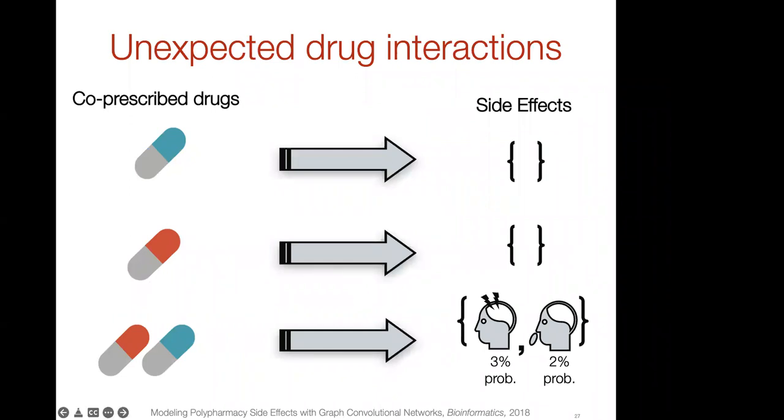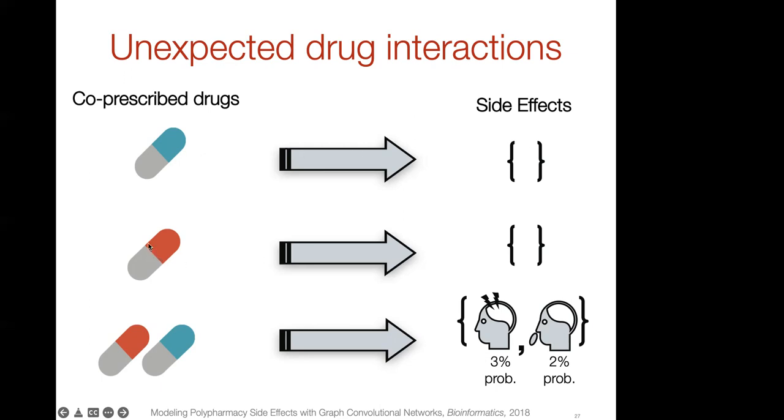What does that mean? Let's look at a hypothetical example. Imagine we have just 2 drugs, a red one and a blue one. So these unexpected interactions between drugs could be described as follows. Imagine a patient takes the blue drug alone. When they take the blue drug, the desired therapeutic effect is achieved, no side effects occur.